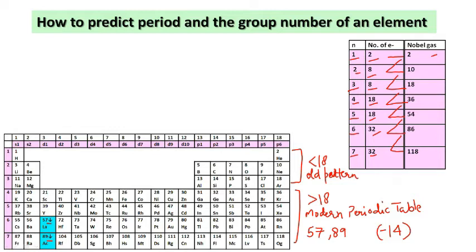Let us have an example. Oxygen, 8, which is less than 18. So while we are predicting the period and group number, this 8 is more than 2 and less than 10, so it lies in the second period.